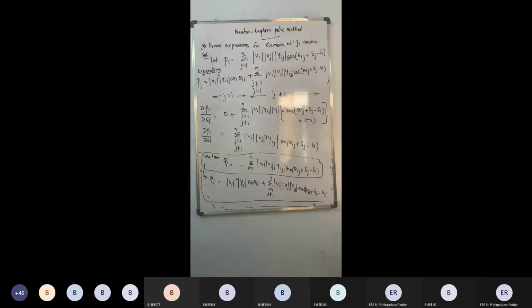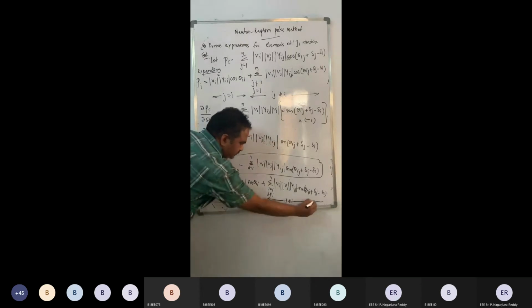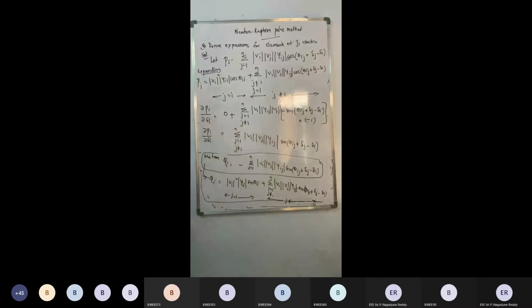See, this is my reactive power equation. Just I have removed this j is equal to i term here. This is all j is not equal to i term again. Now, if you carefully see, this is the term which I am having here. So what is this term equal to? You send this term to the left hand side.